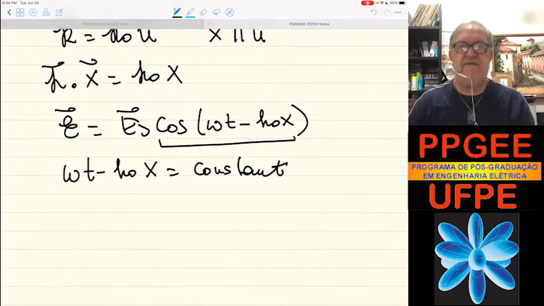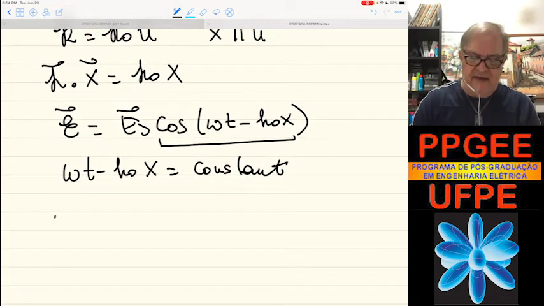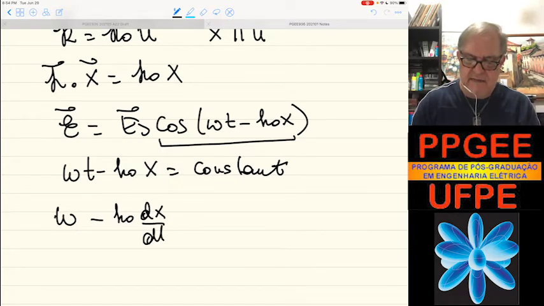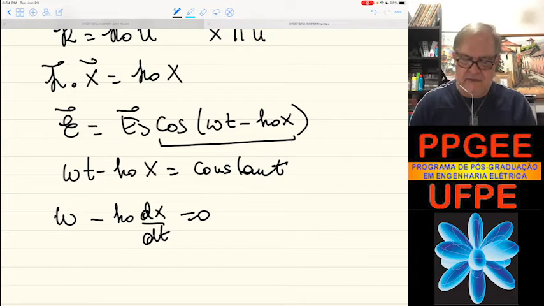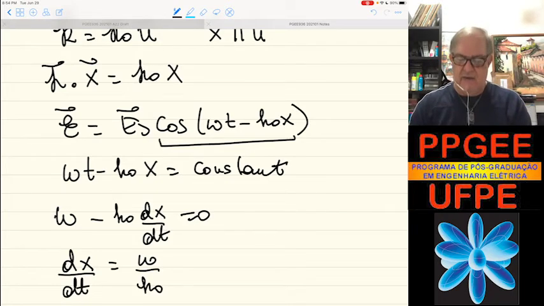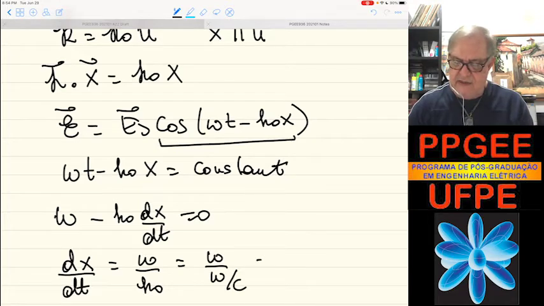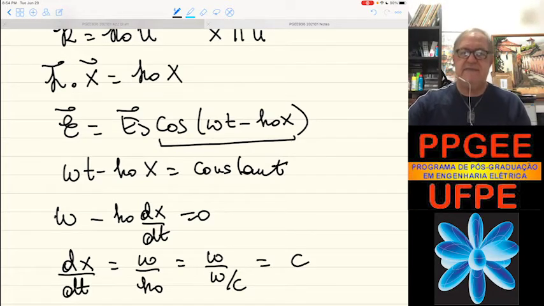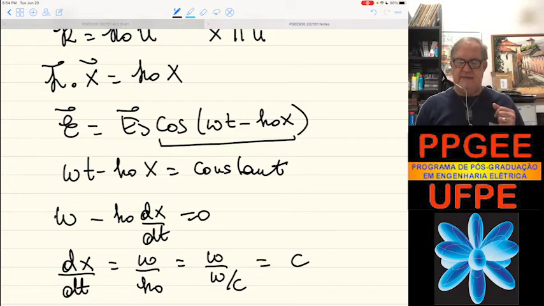If you take the derivative relative to time, I have omega minus k0 dx/dt equals 0. So the observer has to be at velocity equal to omega divided by k0. But k0 is omega divided by c, so it equals the velocity of light. The phase velocity is equal to the velocity of light.